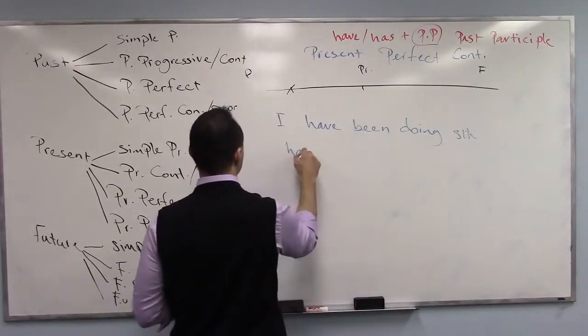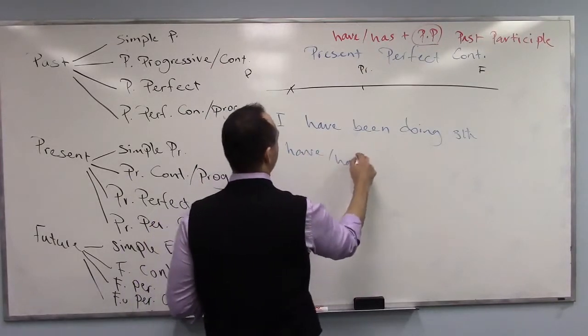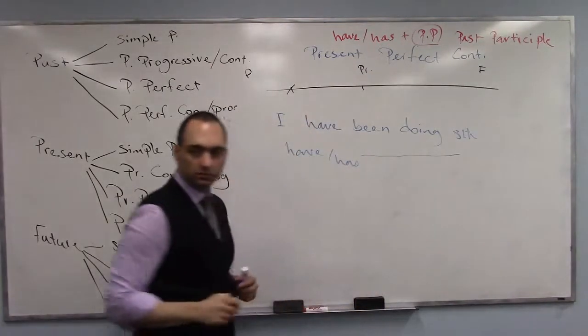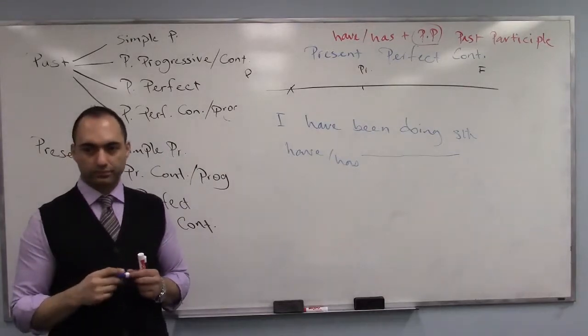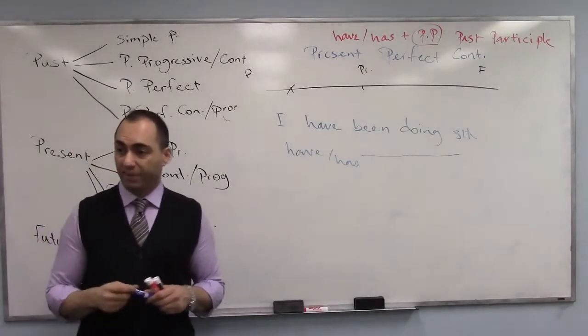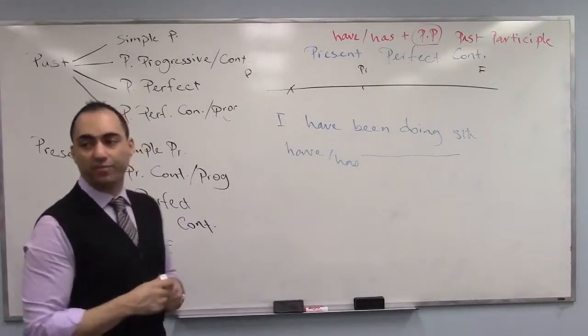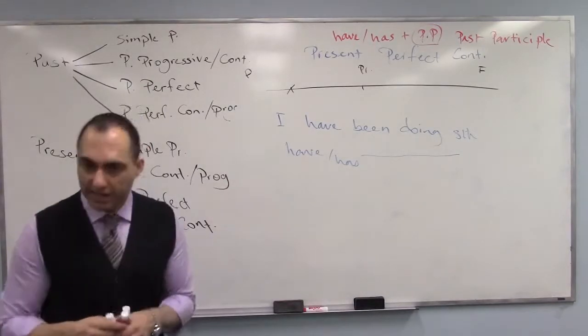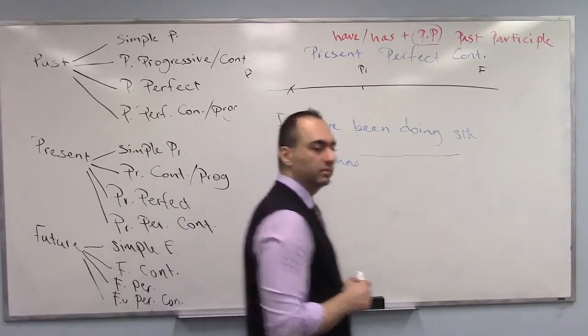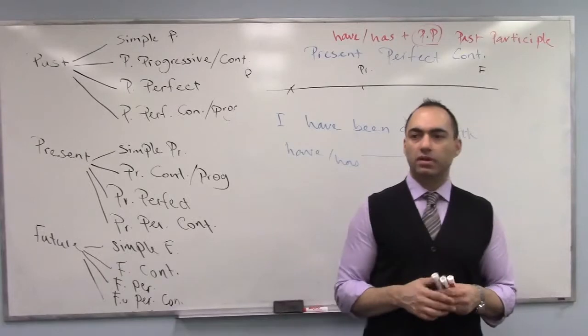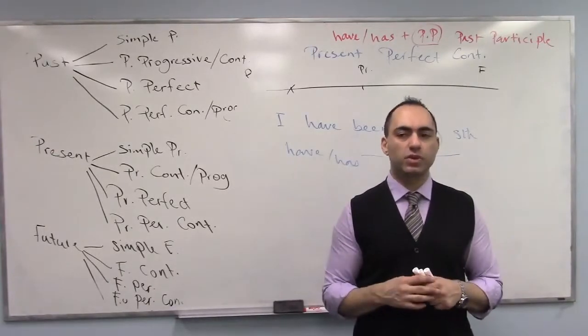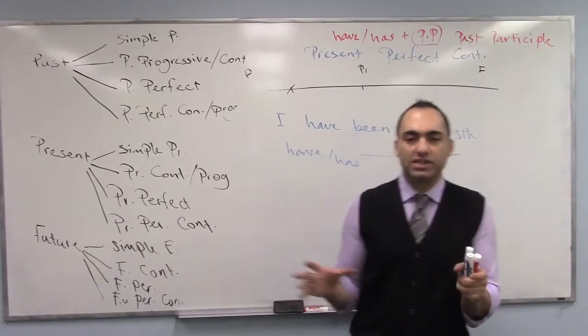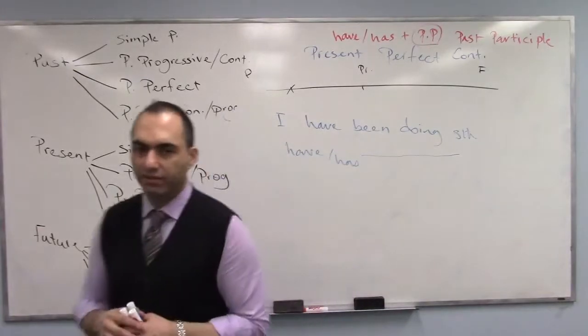So it's have or has been doing something. I've been living. I've been working. I've been studying. I've been living here for 10 years, 2 years, 3 years. Now, what is the difference between I have lived and I have been living?